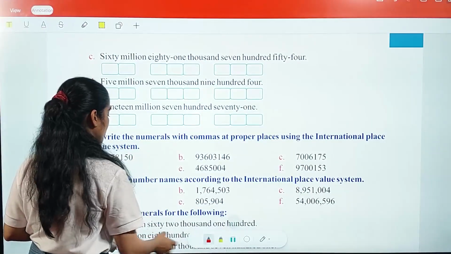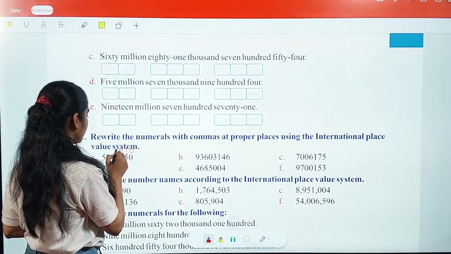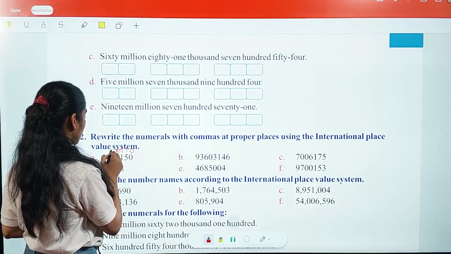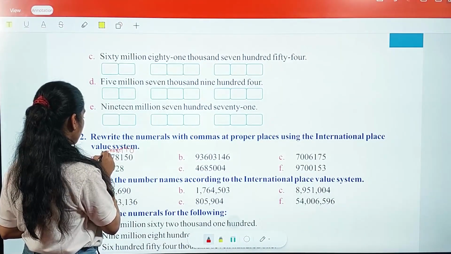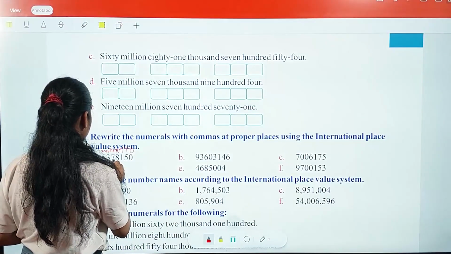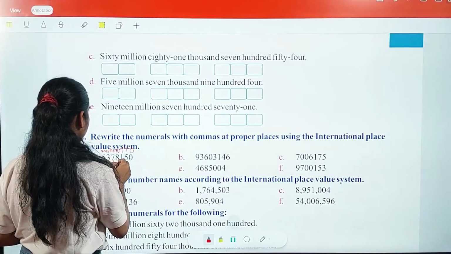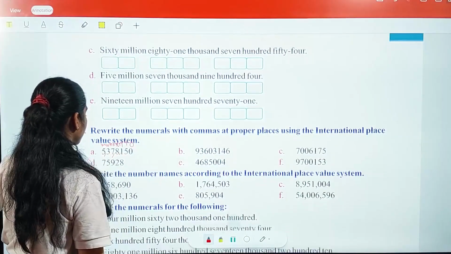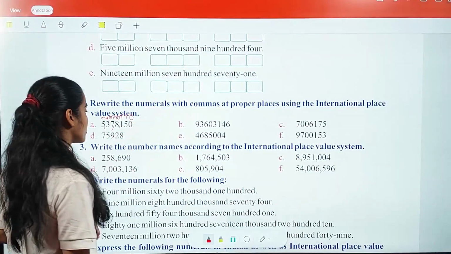So first we have to arrange it: ones, tens, hundreds, thousands, ten thousands, hundred thousands and then million. So in the same way you have to do the rest of the parts.